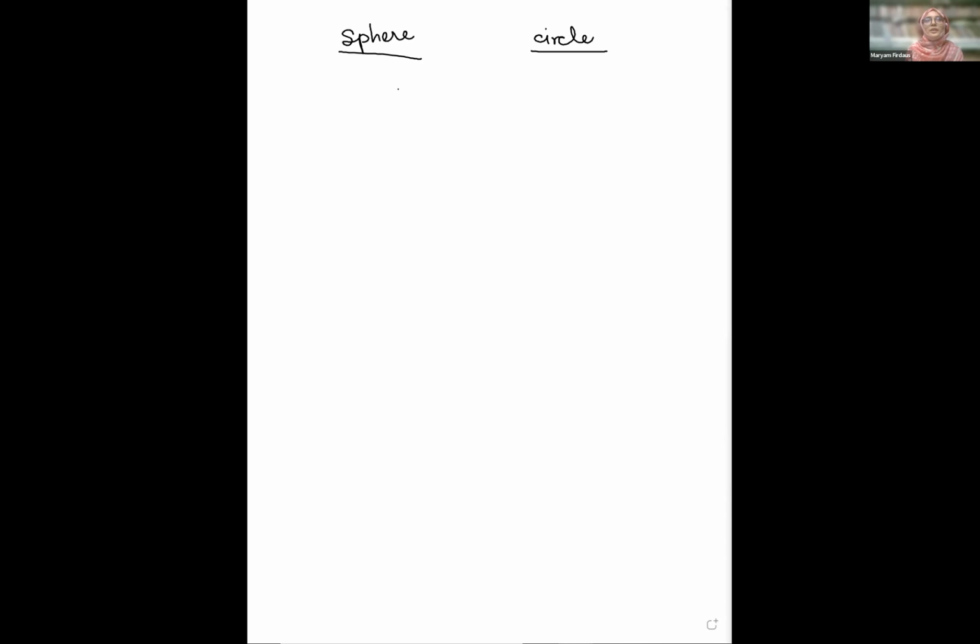So you have done this chapter in your school, right, Hiba? Yeah. So my question is, what do you understand by solid shapes, and can you name any solid shapes, and why do we call them solid? 3D shapes are called solid shapes.